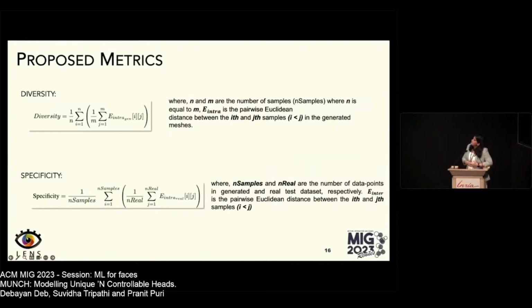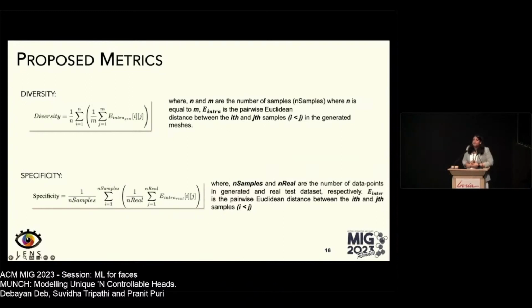Then specificity and also the diversity actually measure that your GANs, or the generative methods, or PCA methods are not suffering from mode collapse. Specificity measures the difference between the real test data and the generated heads, and we use this metric to quantify that our model is not overfitting.